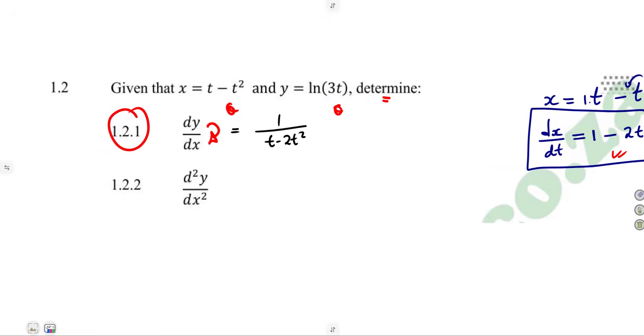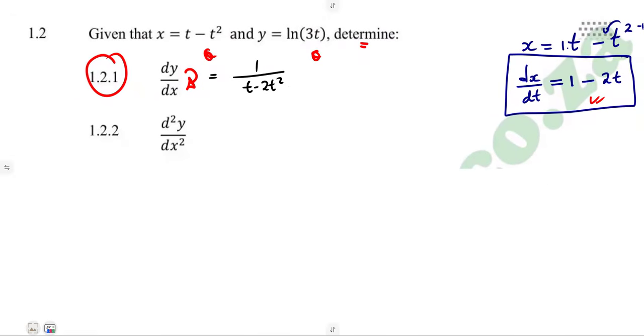Let's consider 1.22, which is the second derivative, d²y/dx². How can we obtain this? For this one, lucky enough, we have it in our formula sheet.